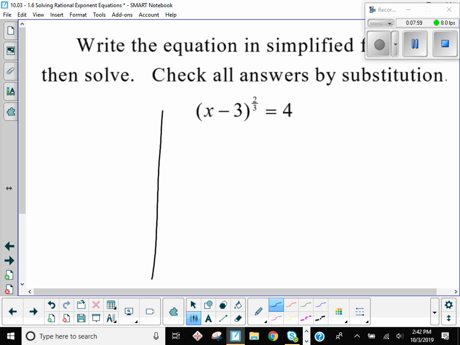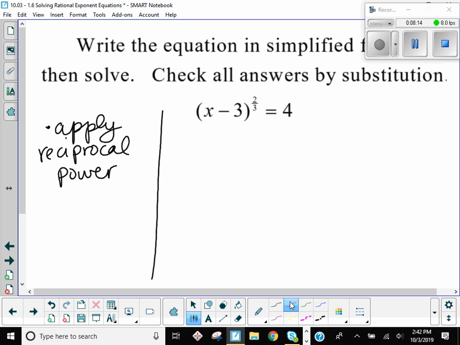And the first thing that I'm going to write down is apply the reciprocal power. And you already said that it's 3/2. And you need to do that to both sides to keep the equation in balance.